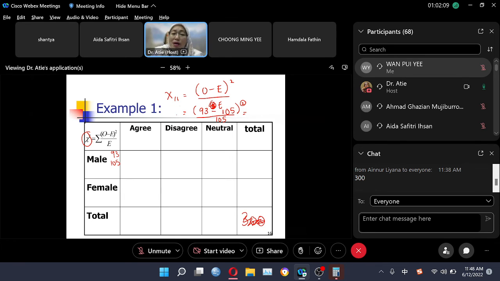Right, so for this one, can someone please give me the answer? 93 minus 105, what do you get? Then square that number and divide by 105. Okay, Gusti, can you find me the answer?